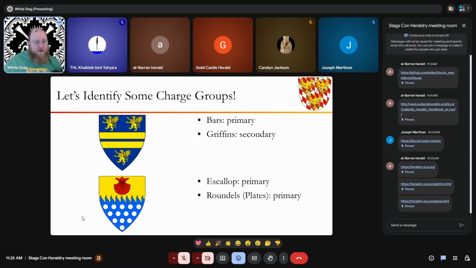So the plates are also primary. You don't see this a ton. Generally speaking, you'll see it on either side of a divided field. But the plates are also primary. This is a charge group consisting of one scallop and a semé of plates. So this is an example of a group primary charge.